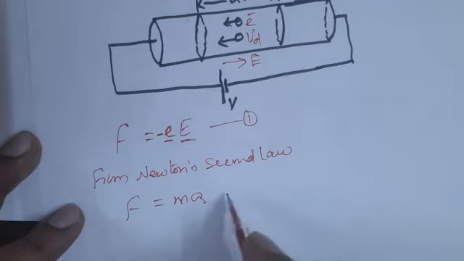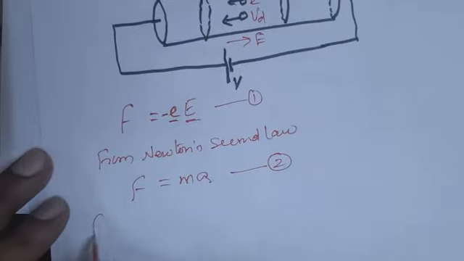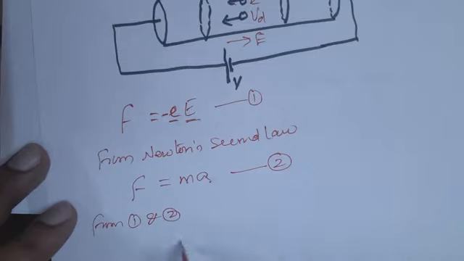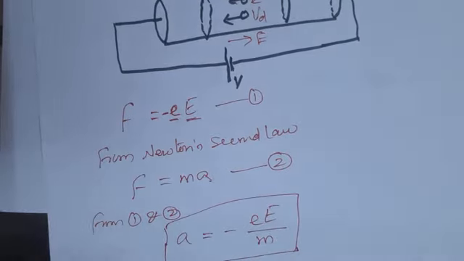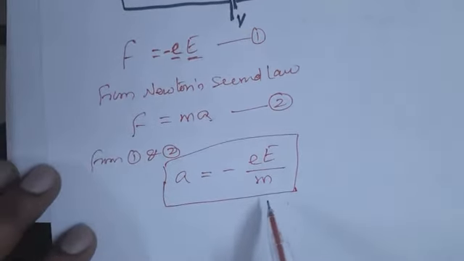So F equal to ma is another equation for force, equation 2. Relating 1 and 2, the acceleration a equals minus eE by m. This is the acceleration of the electrons due to the electric field.